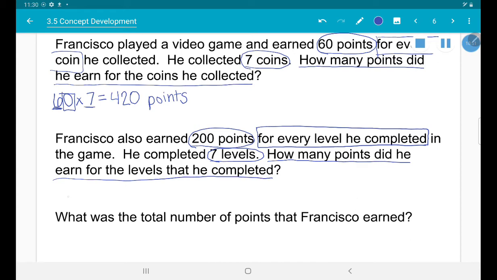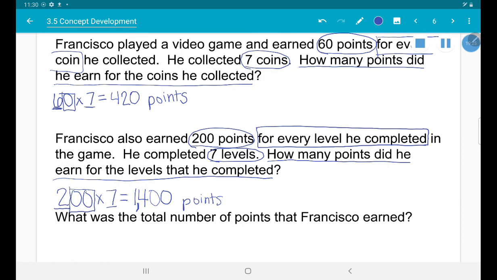So I'm going to multiply 200 times 7. All right, thinking about what we've been doing, 2 times 7 is 14. I have 2 zeros, so I'm going to add 2 zeros at the end. So my answer will be 1,400 points. So he earned 1,400 points for completing the 7 levels.